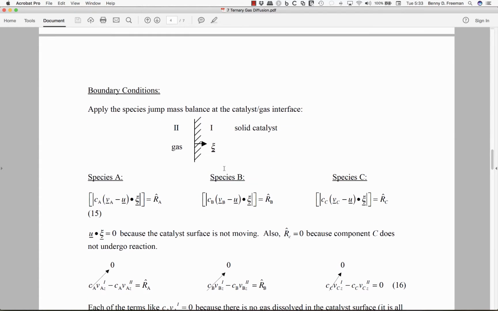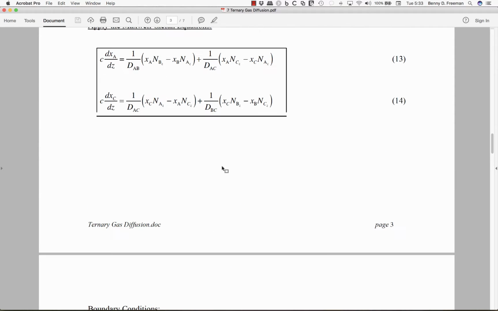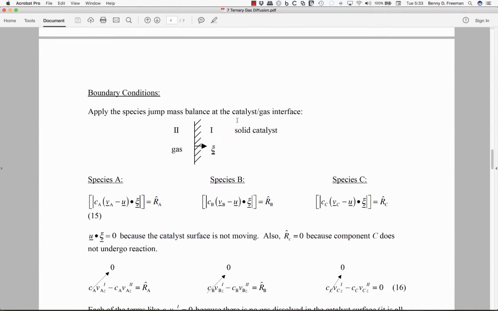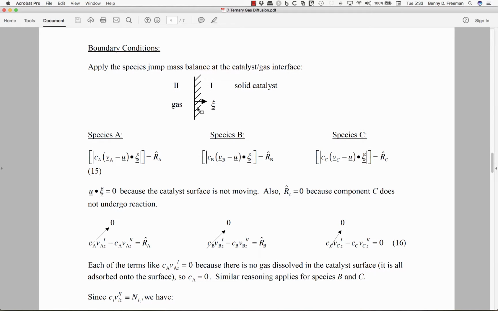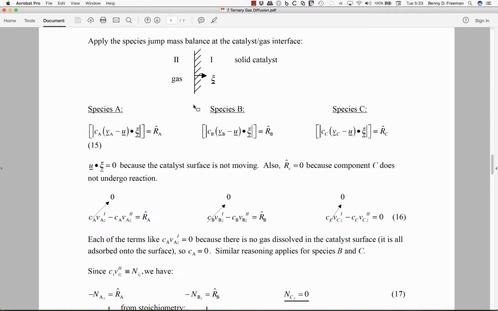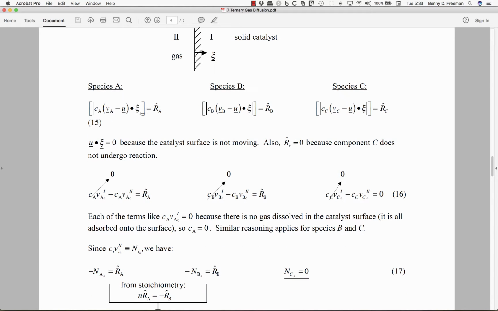Now, we can get some relationships between the fluxes of A, B, and C by going to the species jump mass balance at the gas catalytic surface interface. And so I've written those relationships shown here. The overall jump mass balance, which we applied earlier, is just the sum of these three species-specific jump mass balances or interfacial balances at the surface.